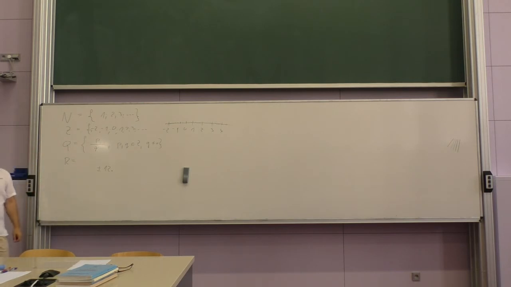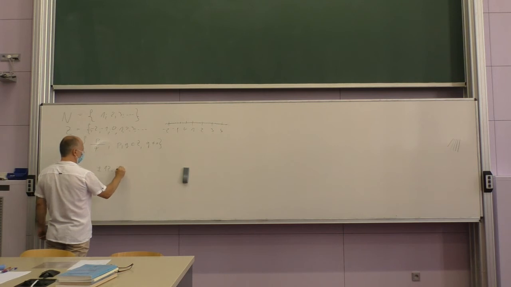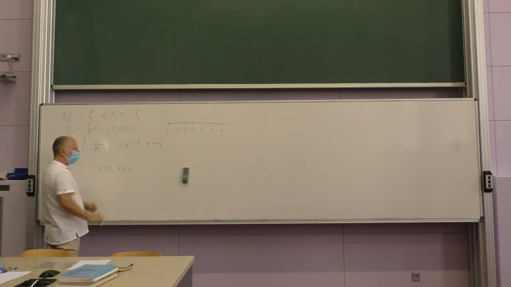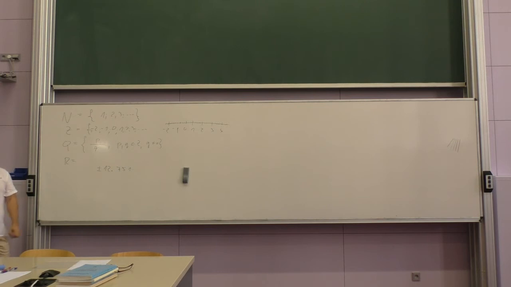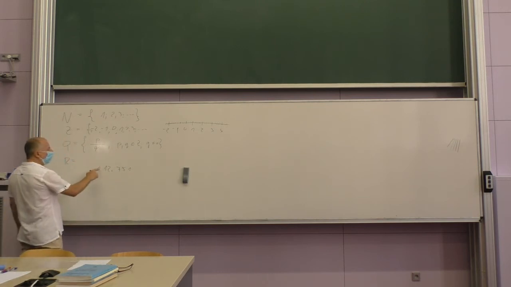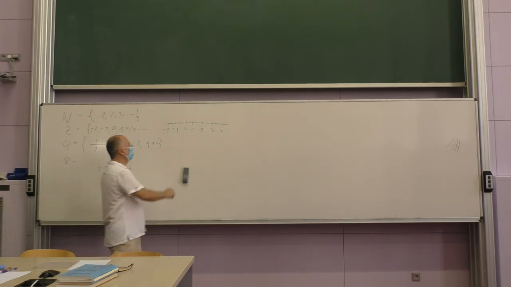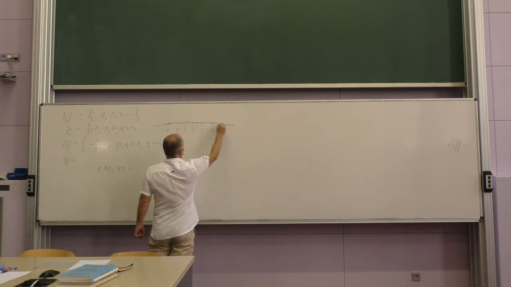In Czech literature, it's a comma. And possibly a finite or infinite sequence of digits. So this is an example of a real number. If the sign is plus, we usually omit the sign. And these numbers are good because they fill the line completely.